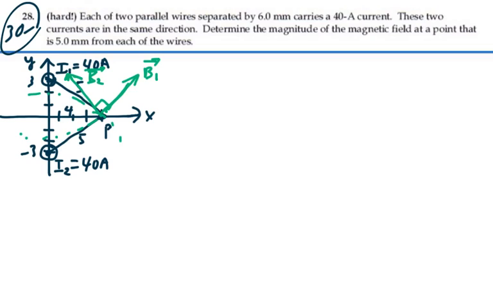The angles for our 3, 4, 5 triangle, if we consider this our 3, 4, 5 triangle, let's call this angle theta and its complementary angle alpha.